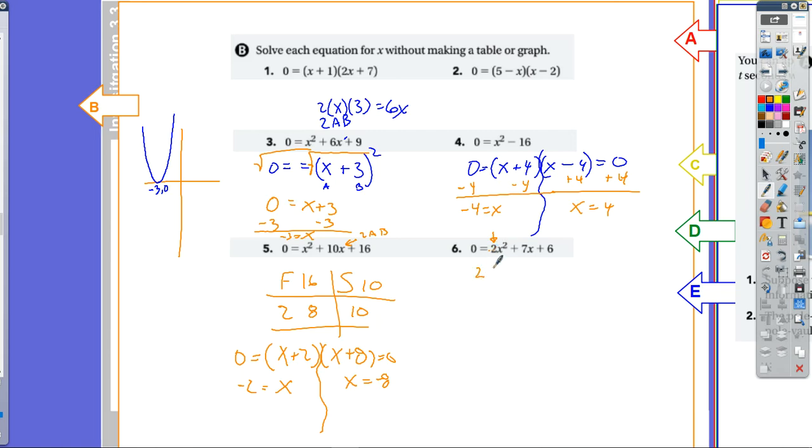So 2 times 1 is 2, right? Well, 6 can either be 1 times 6 or 2 times 3. And so here's what I'm going to do. I notice that I have a plus 6 for both of these, right? Which means I need to multiply one of these numbers with one of these numbers, multiply the other number by the other number, and add those two products together to get 7.